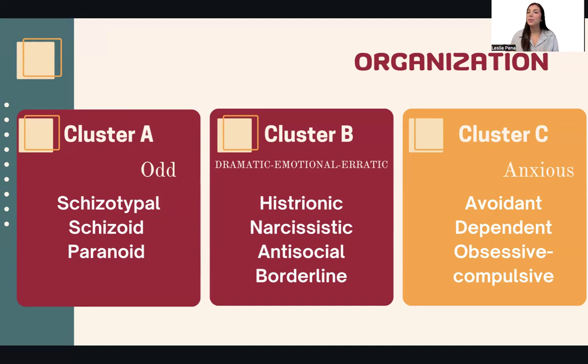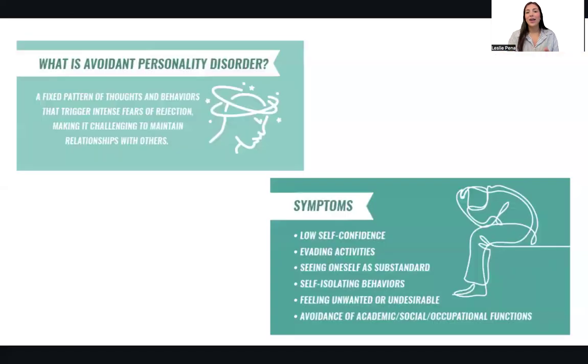Avoidants avoid people because they're anxious about how they might be looked at or treated, fearful of the criticism they can receive. So this makes it challenging to maintain close relationships.